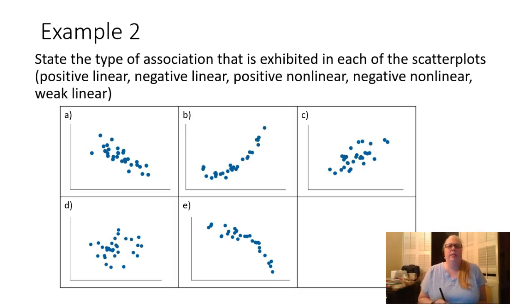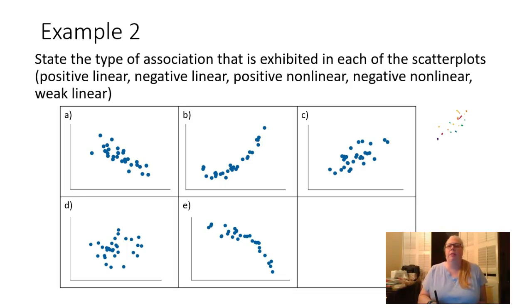Example 2. State the type of association that is exhibited in each of the scatter plots: positive linear, negative linear, positive nonlinear, negative nonlinear, and weak linear. To be linear means that the dots are going to suggest a straight line. We won't see dots in a perfect straight line, but they should crowd around something that suggests that a straight line might go through the middle of them.